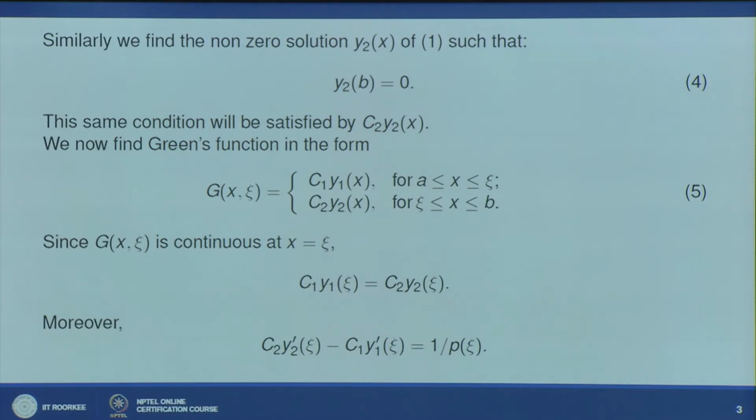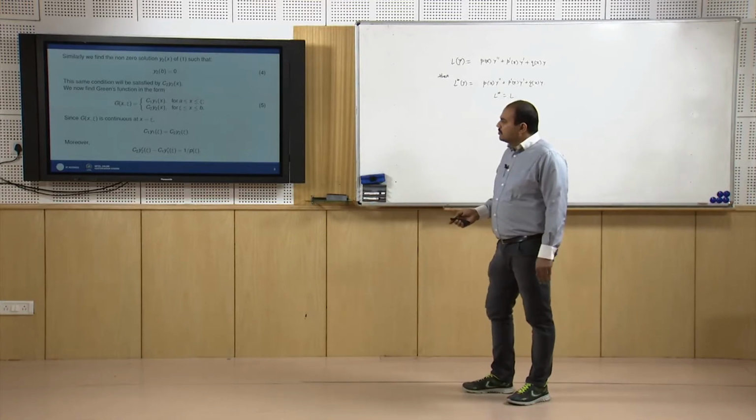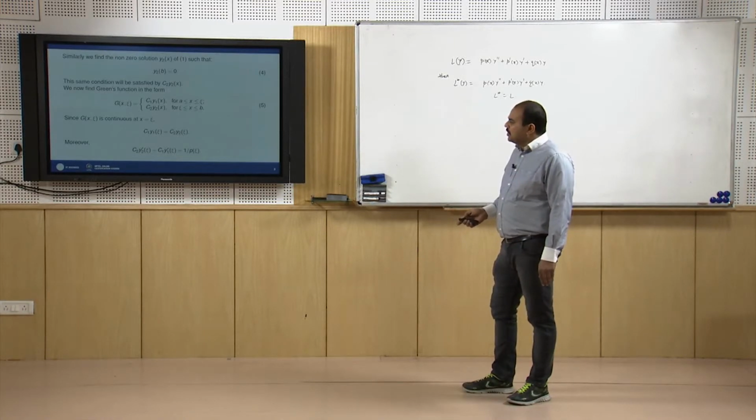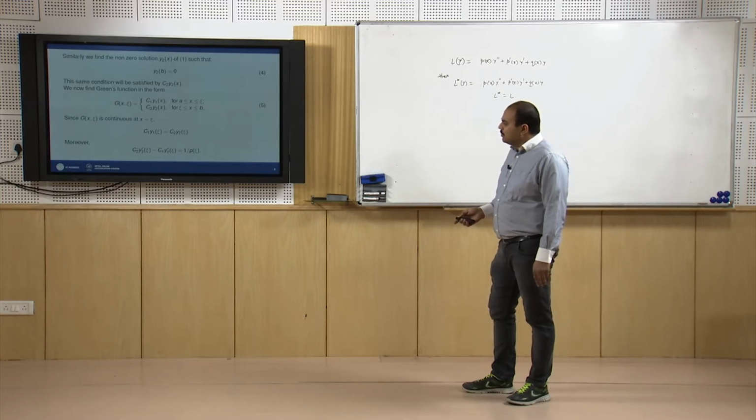We have already seen that such a Green's function satisfies certain conditions. First, G(x, xi) is continuous at x = xi, so the right hand limit and the left hand limit are the same, meaning c1 y1(xi) = c2 y2(xi). Then we have a jump condition on its first derivative: c2 y2'(xi) minus c1 y1'(xi) equals 1 upon p(xi).